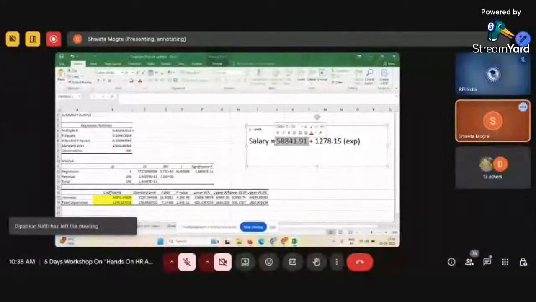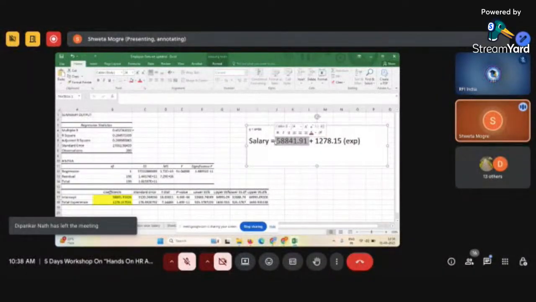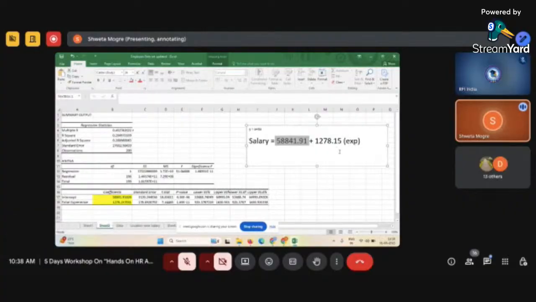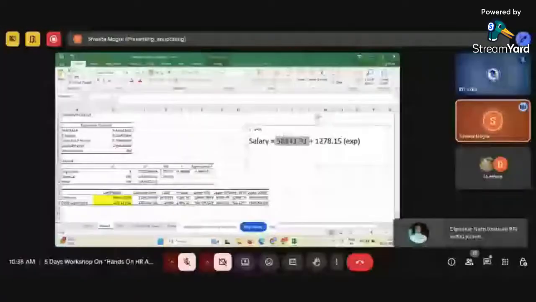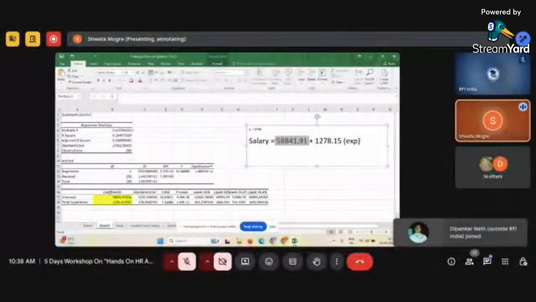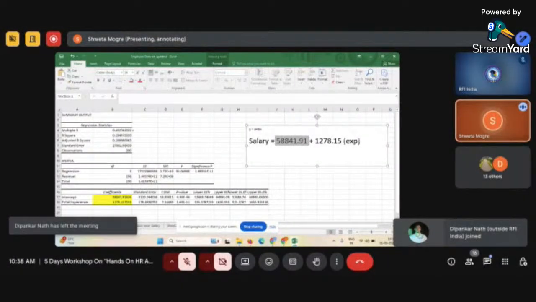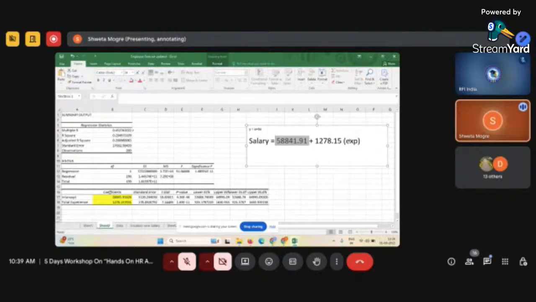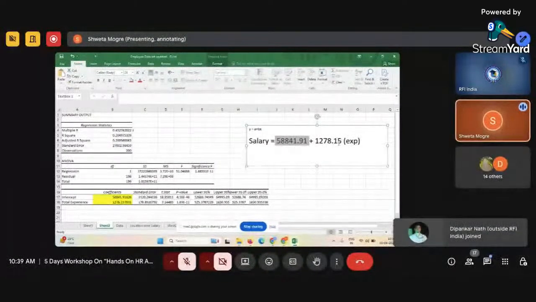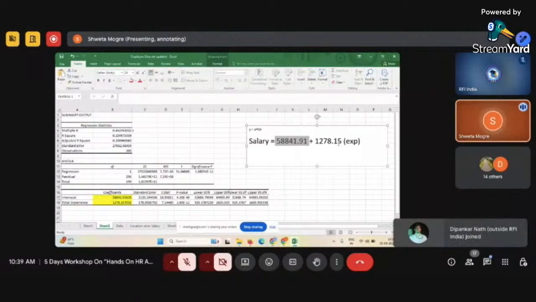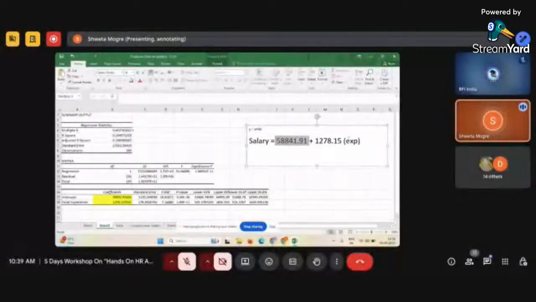Intercept is actually the value of your dependent variable when your independent variable is 0. It means salary when your independent variable is 0. So what does it mean? If I am hiring a fresher candidate, a person who does not have any kind of experience, then experience will be 0.